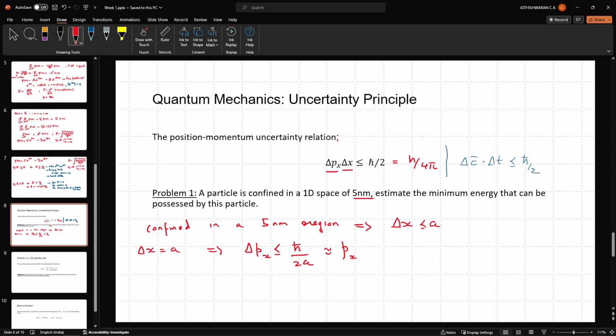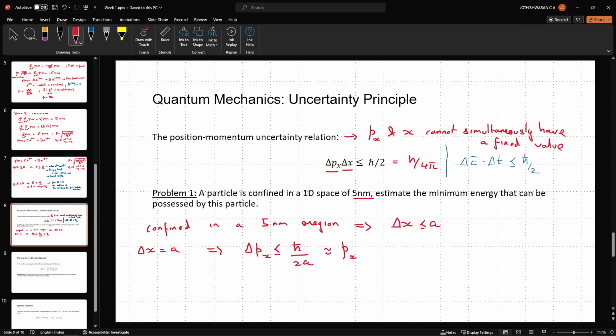Essentially, the most straightforward implication of this relation is that Px and X cannot simultaneously, this is another way the uncertainty relation is stated, have a fixed value.